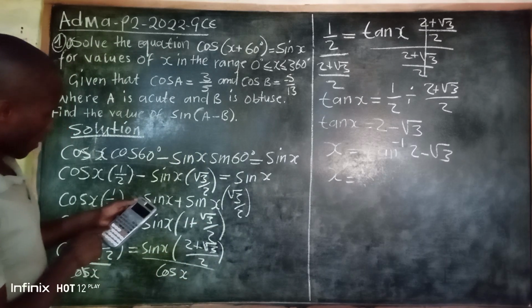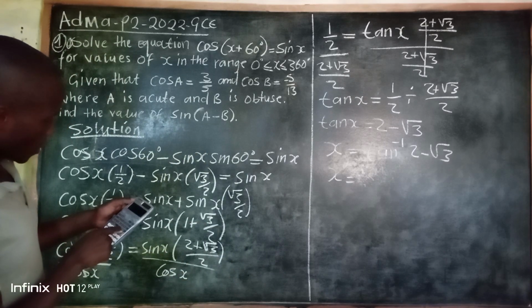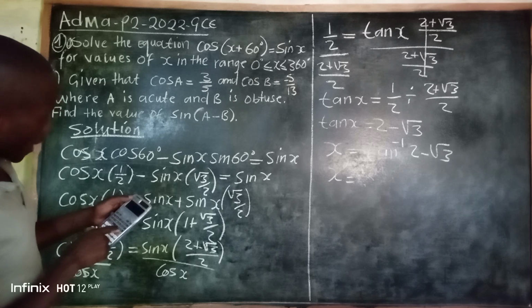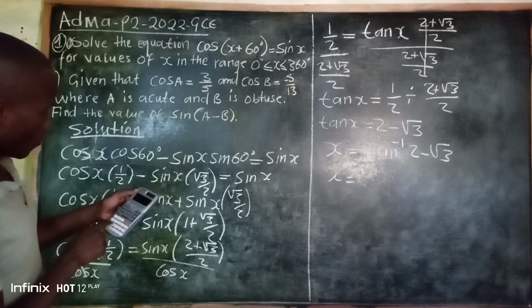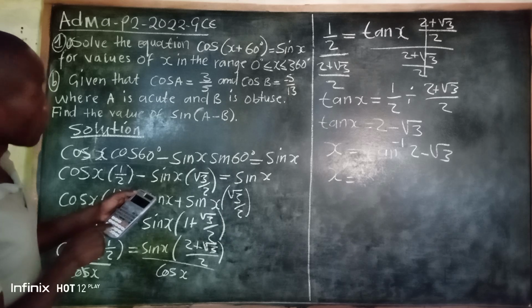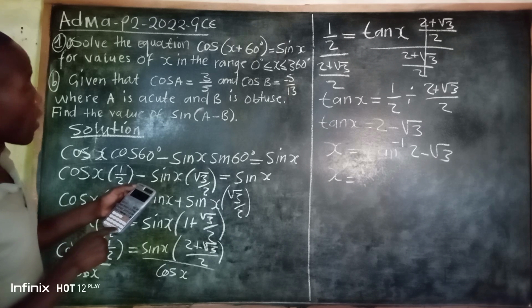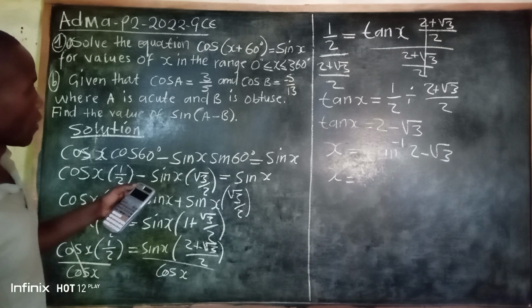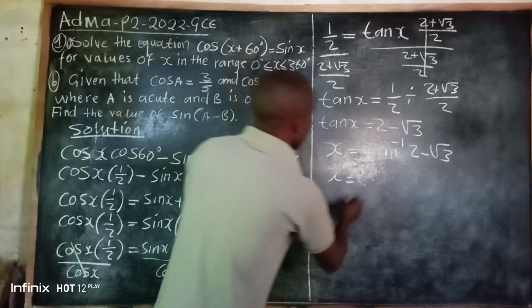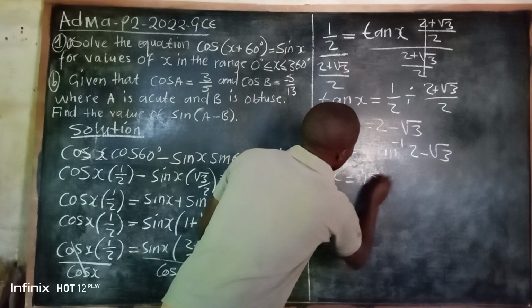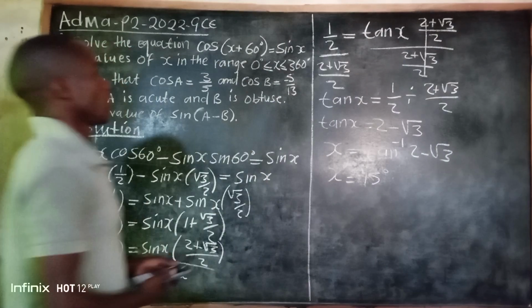Then 2 minus the root of 3, and that will give us 15. That will give us 15 degrees.